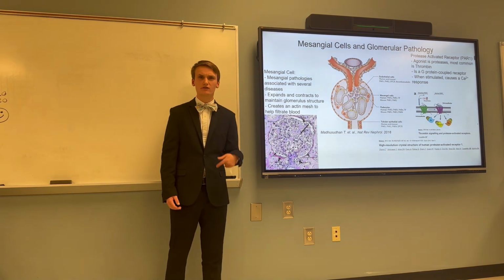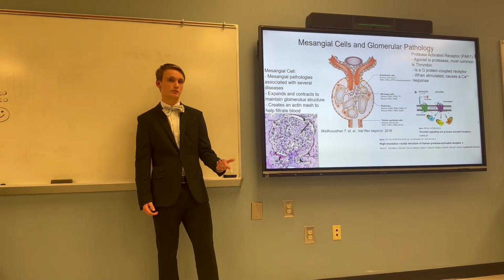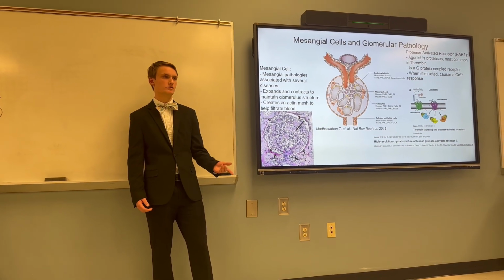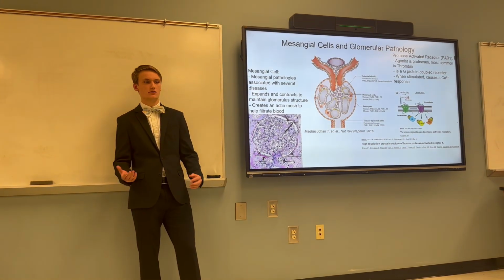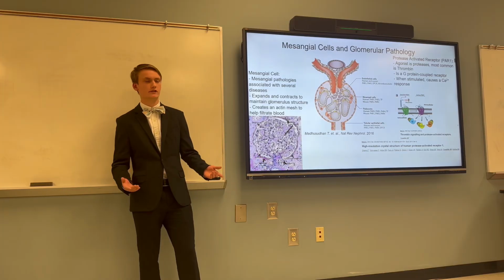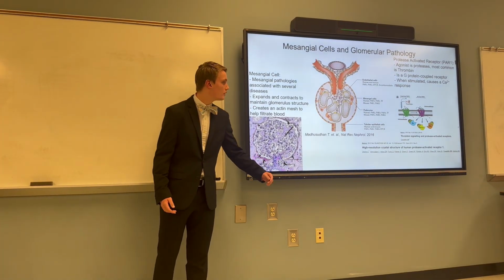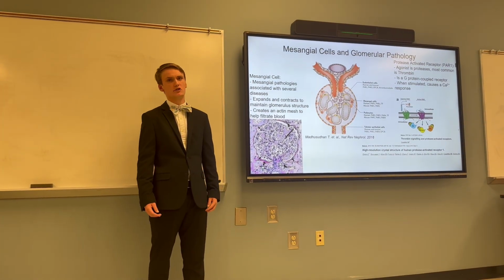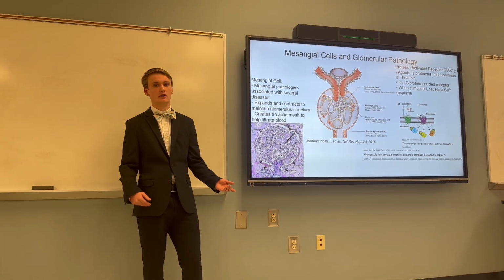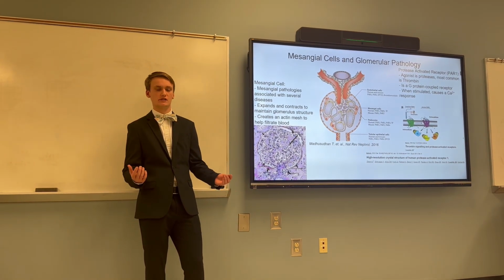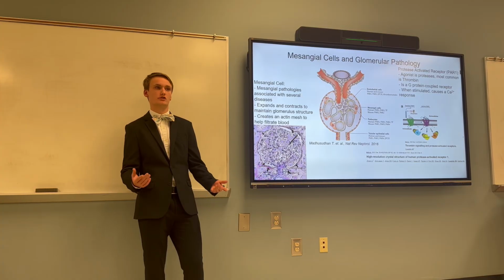This is a relatively new discovery, the PAR receptors being discovered in 2000, with its structure only being discovered in 2012. So it's relatively new, not much is known about it. So the purpose of this research is to figure out the relationship between the PAR1 receptor and chronic kidney disease, which is a disease that's incurable and will eventually be fatal.